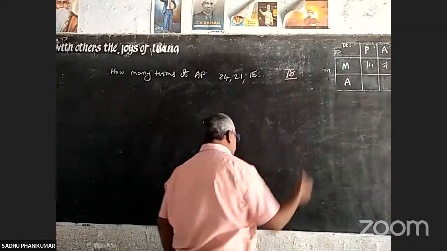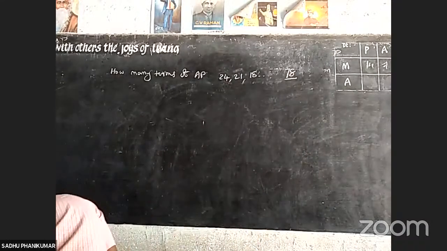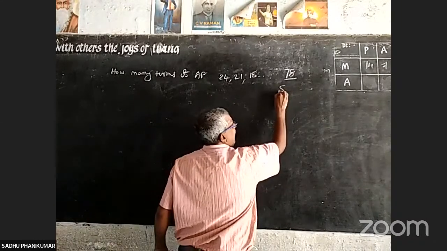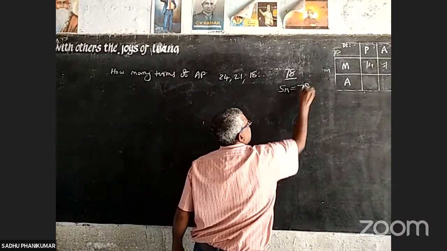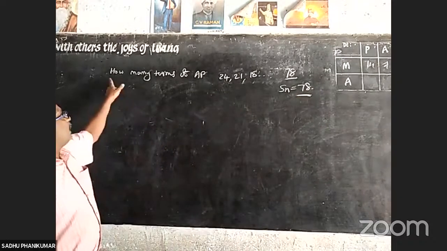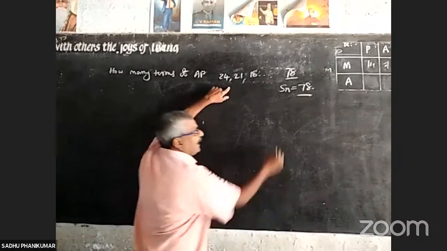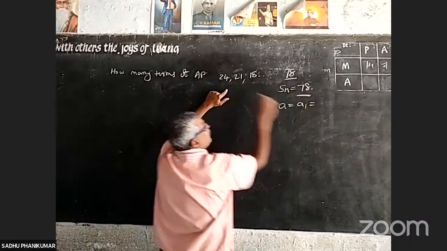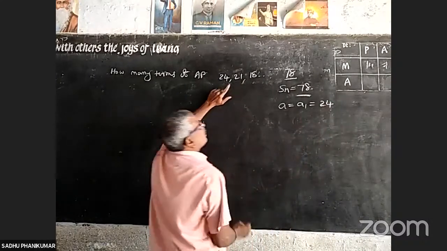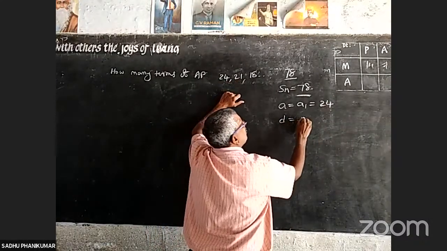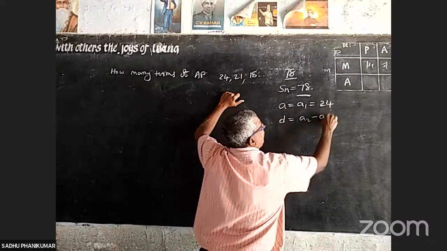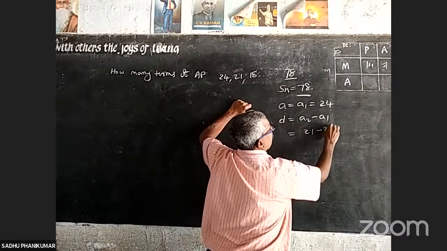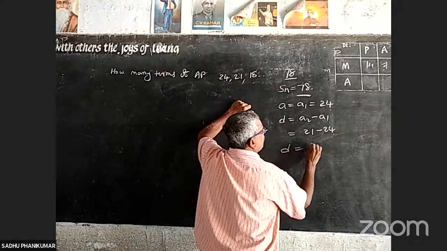If the sum of the terms is 78, how many terms do we have to take? That is, Sn is given, and we need how many terms of the AP. So A, that is A1, is given as 24, and D is with us. D is equal to A2 minus A1, that is 21 minus 24. So D is equal to minus 3.